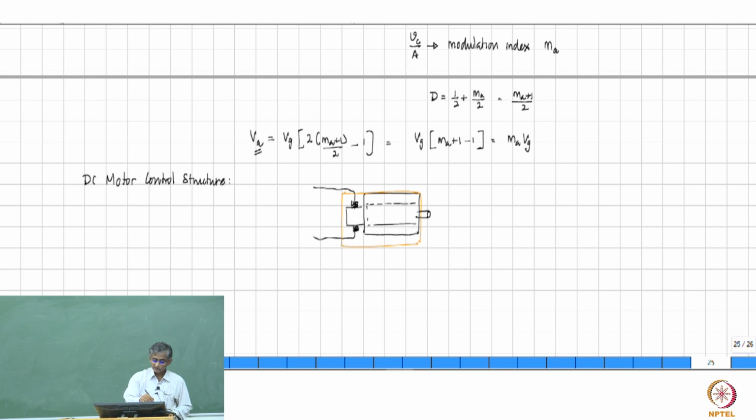The field is generated in the stator. So stator generates the field, and field lines go through the rotor and come back to the stator.